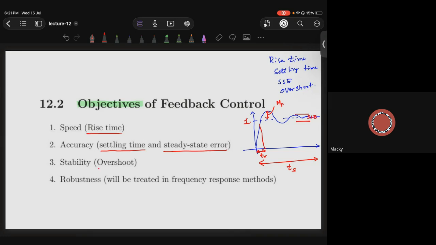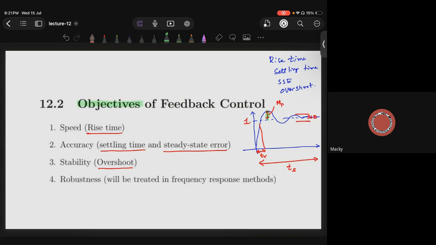Also, we want our system should not overshoot from the reference value. That means this height, MP, should be as small as possible. Okay. Rise time, settling time, steady state error, overshoot. We want values as small as possible. Is this clear? Any queries?